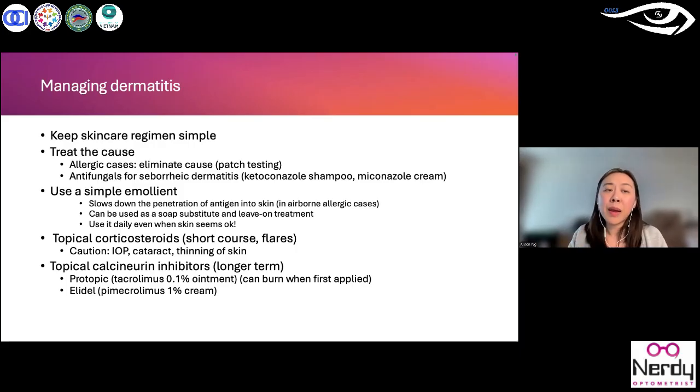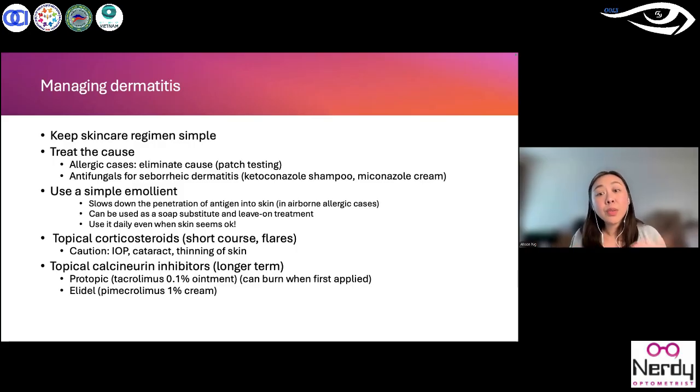And it's really important for patients with atopic dermatitis, particularly, that they still need to use it every day, even when the skin seems okay. All right, because this will maintain that healthy barrier for skin that is already prone to compromise and a reduction in integrity.